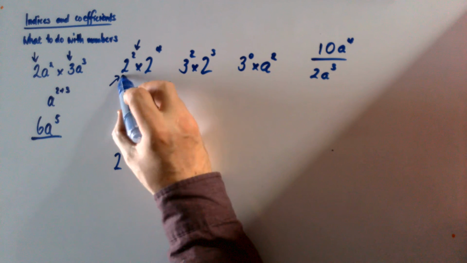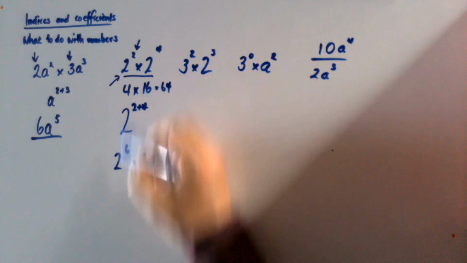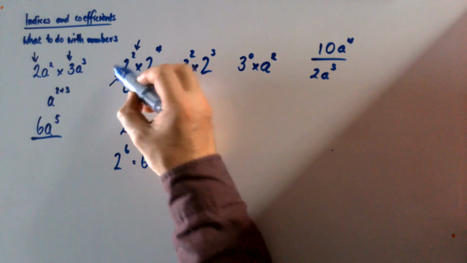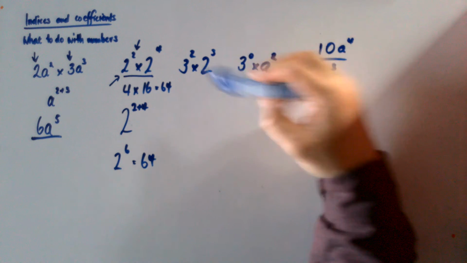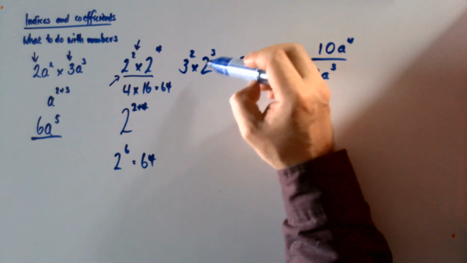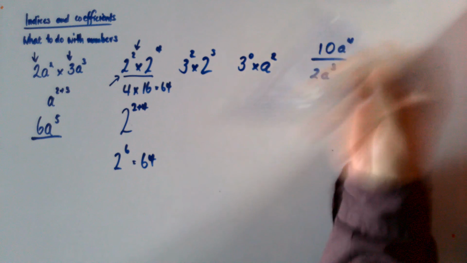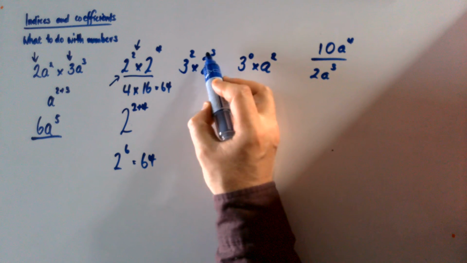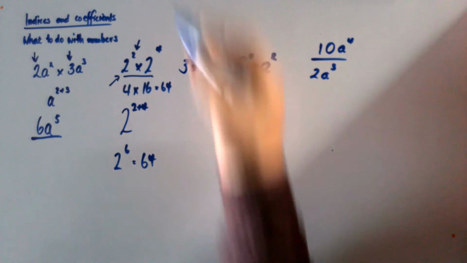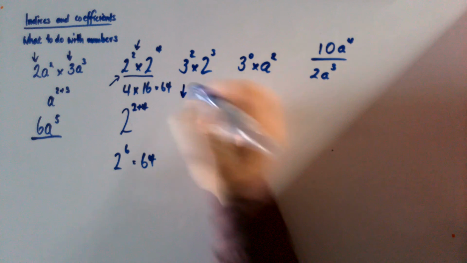In this case it was much simpler for me to go to this step because of course I had bases that were the same. And if you're looking along, I'm pretty sure you can see the next question answers what some of you might be thinking now. What do we do when there aren't bases that are the same? Well, in this particular case I can't add these two numbers together because I've got a 3 and a 2, but as I said, I can of course go back to numbers.